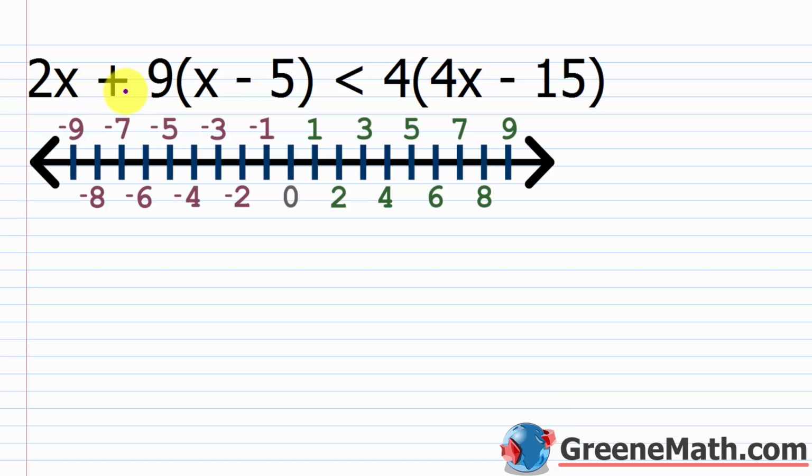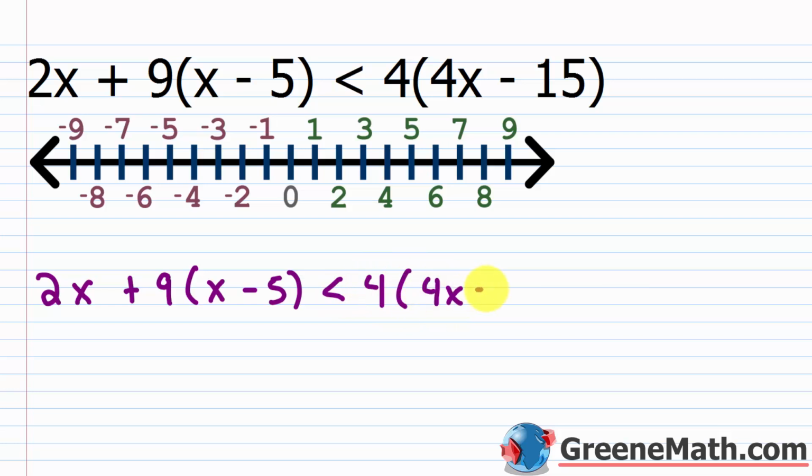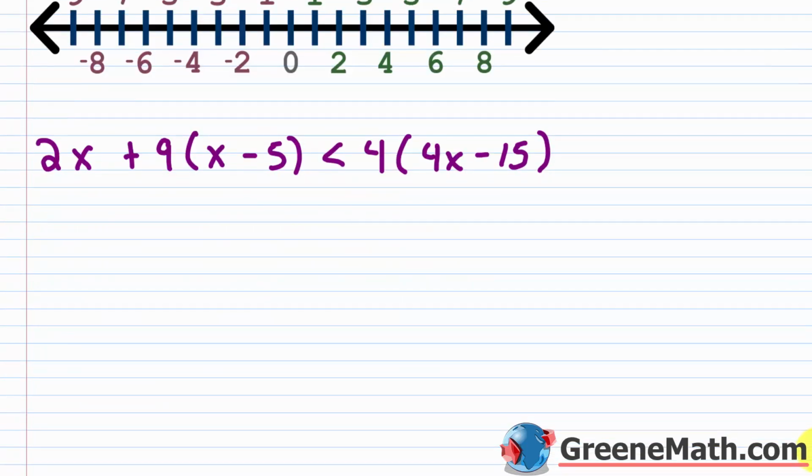So we have 2x plus 9 times the quantity x minus 5 is less than 4 times the quantity 4x minus 15. So what I want to do here is first simplify each side. So let's go ahead and do that.